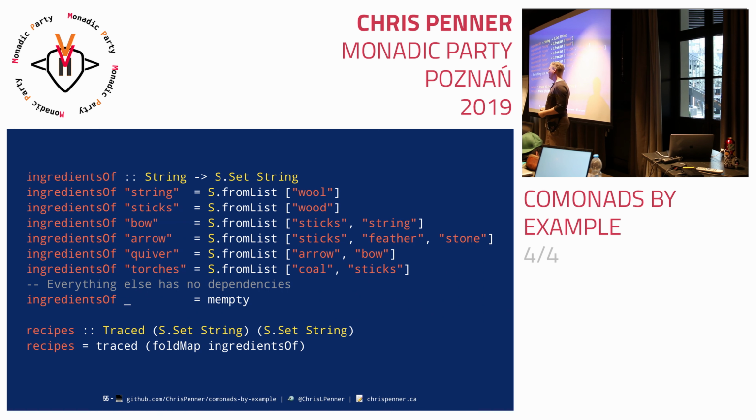A set of all of the things that I want to build. So we're going to accept a set as an argument, and we're going to return a set as a result. So the things I want to build and the things I need to build those things. Okay? Ingredients. So this is a list of recipes. Questions about this encoding? The foldMap ingredients just says, well, over everything in the set, get the set of dependencies and then combine all of those sets together using a union.